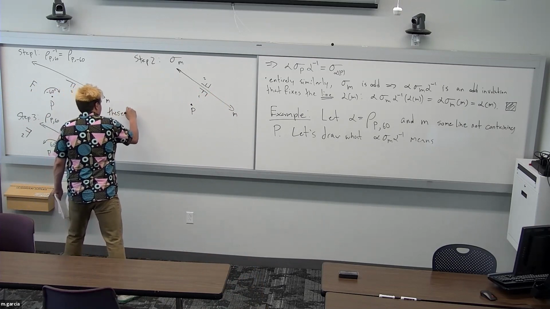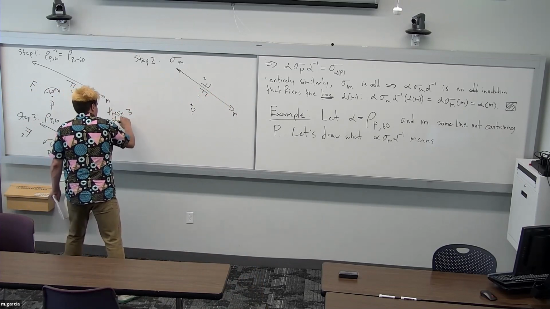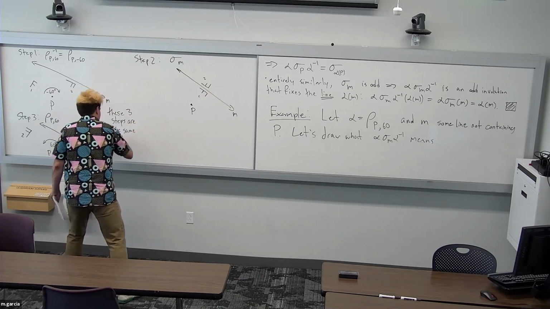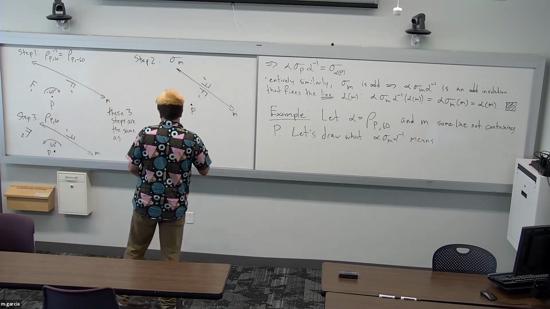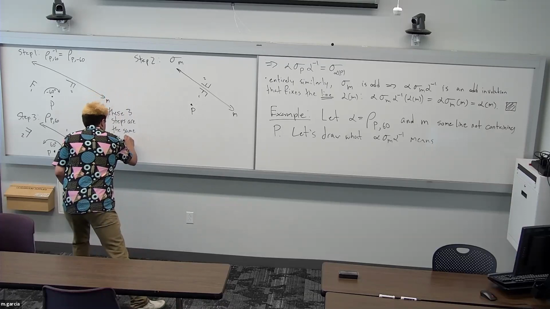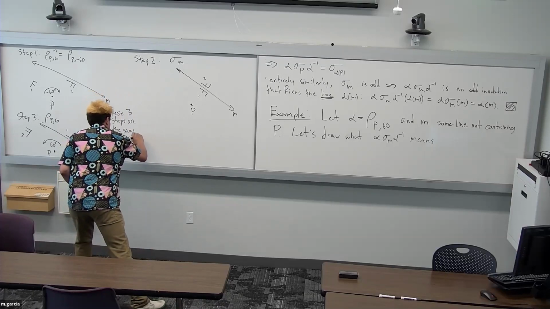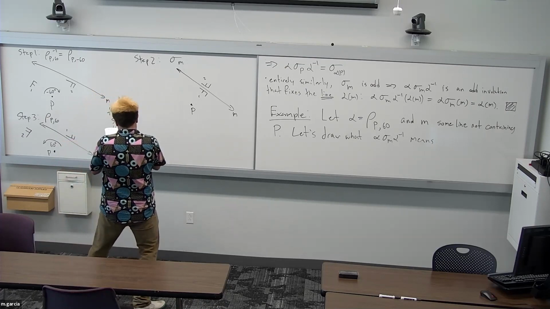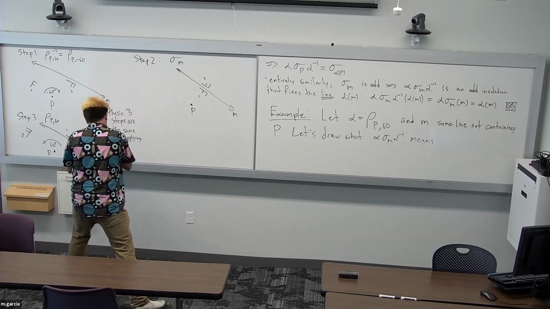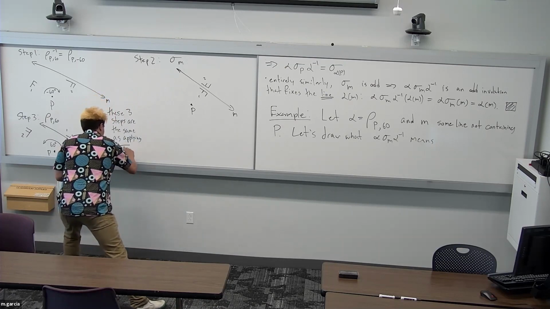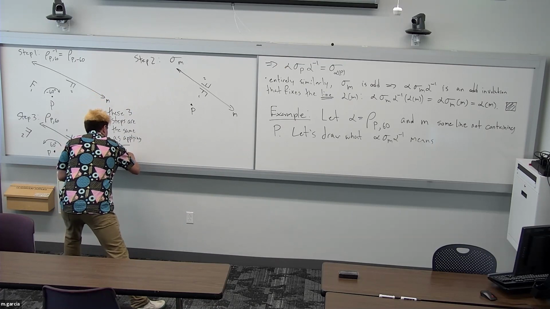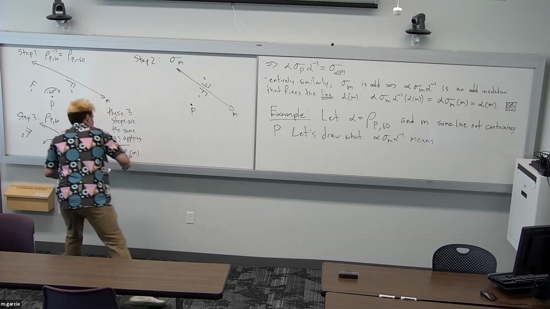So these three steps are the same as applying sigma sub rho sub p comma 60 of m.